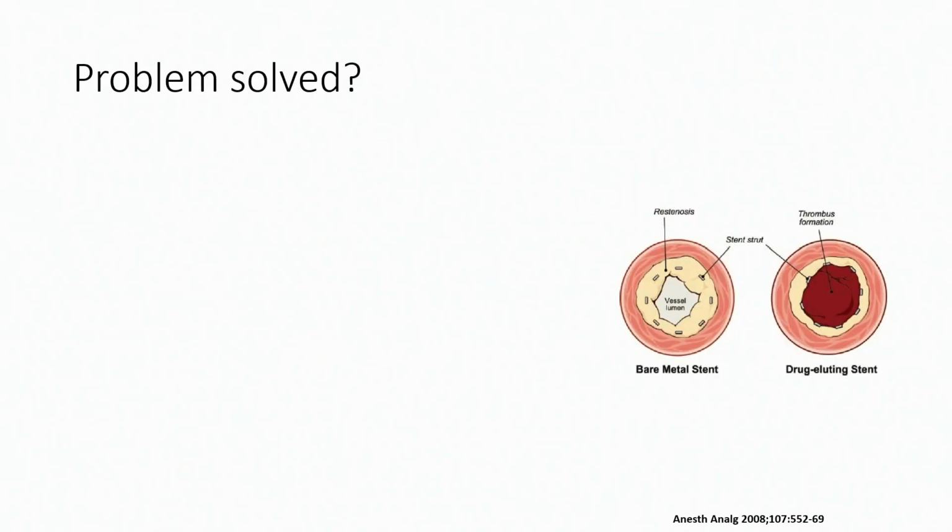So as is the nature of the game, the solution to one problem usually leads to another, and we already saw that the vascular collapse was prevented with bare metal stents, which led to scar tissue, in-stent restenosis, which led to drug-eluting stents, and that prevented scar tissue formation. However, it turns out that the drugs that inhibit the development of scar tissue also inhibit the regeneration of the vascular endothelium.